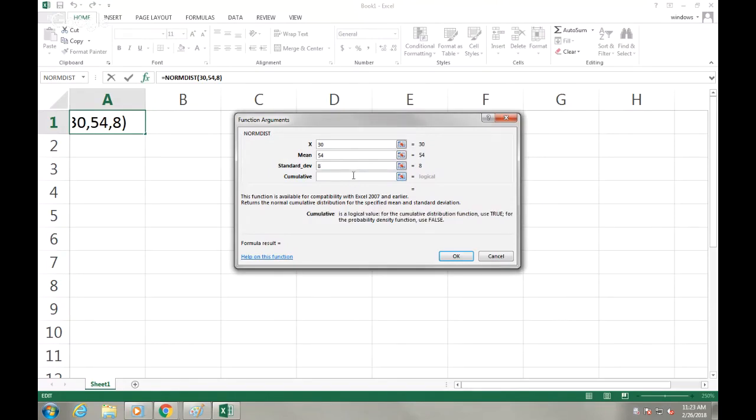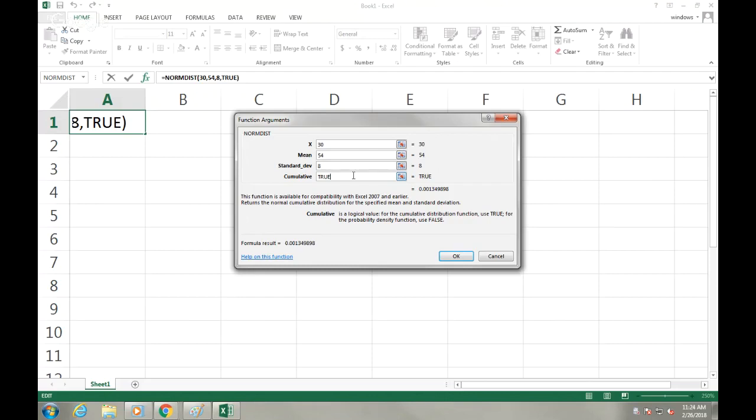Here's where things get a little bit easier in a way than with the binomial earlier. With binomial, both true and false would give you an answer that might be worth having. In continuous distributions, the only thing that gives you an answer worth having is true. You want cumulative probability distribution.